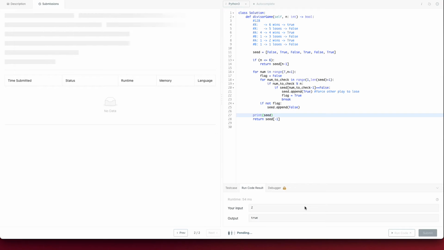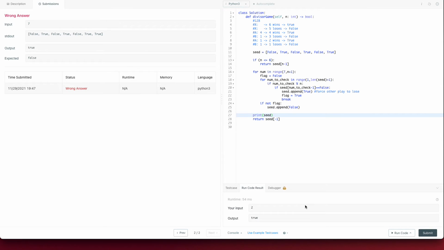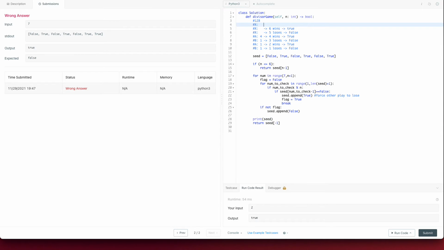Let's try. So 7. So Alice goes first, and it's like 7.